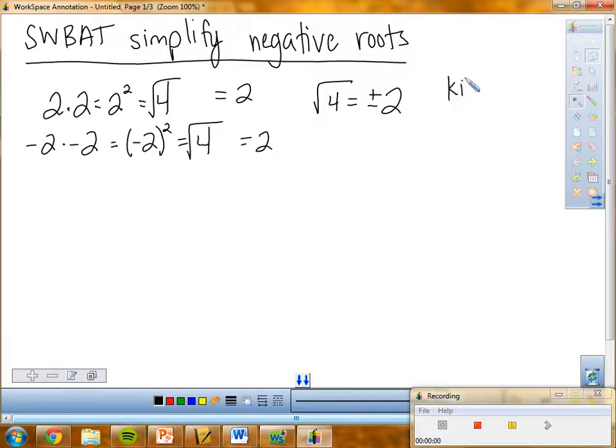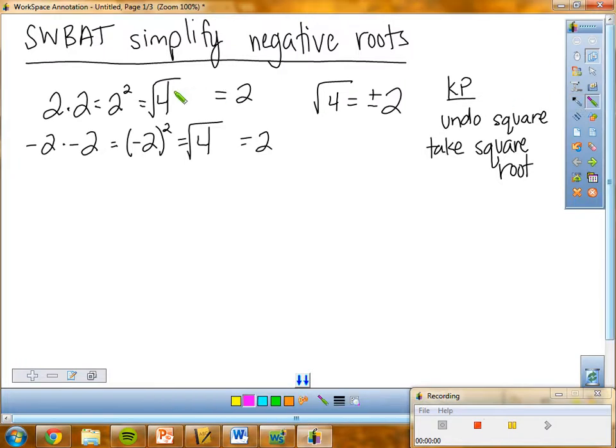So a key point here to remember is that to undo a square, you take the square root, which is what we did here. And we can only take the square root of a positive number because whether we're multiplying positives or negatives, our answer is always positive.